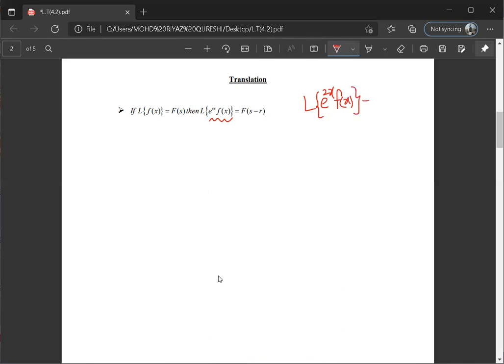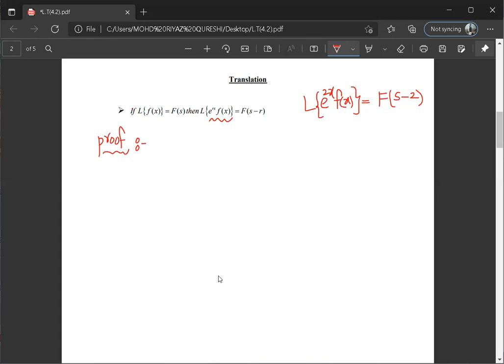Then it will be capital F of s minus 2, since the x coefficient is 2 here. First we can prove the property, then we'll discuss the problems later on. First, the proof.